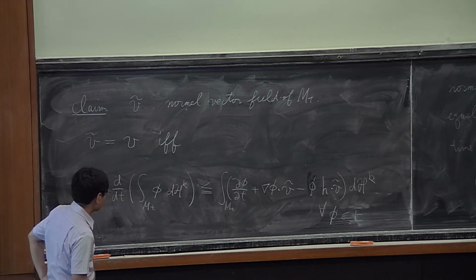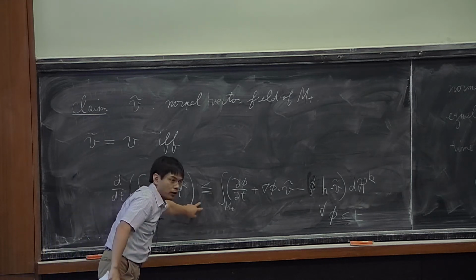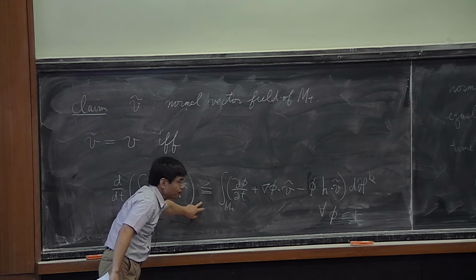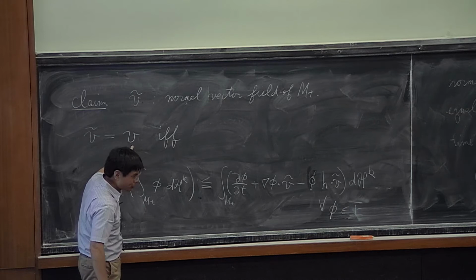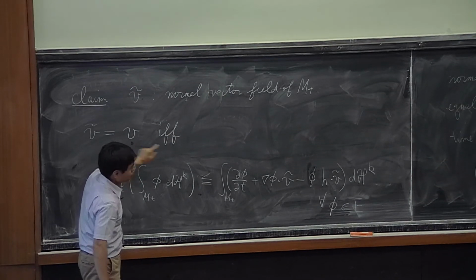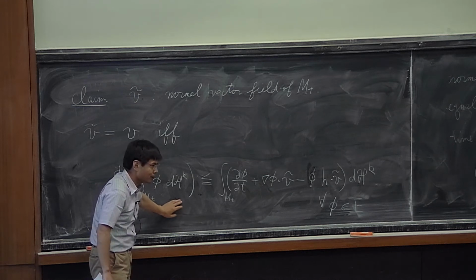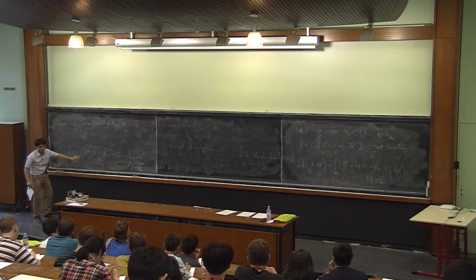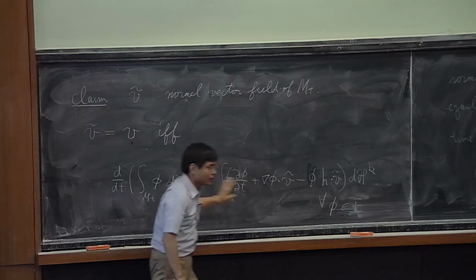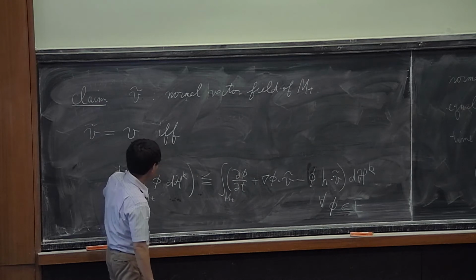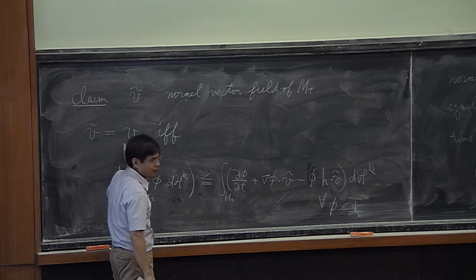That's my first claim. Now notice that here is an inequality, not equality anymore. If v tilde is equal to the normal velocity vector, I just showed you that this is true with equality. But the converse is also true. That is, if for any phi this inequality holds, then this v tilde has to be equal to the velocity vector.